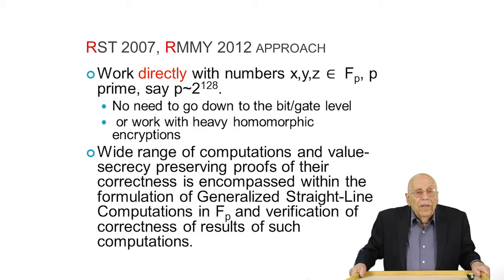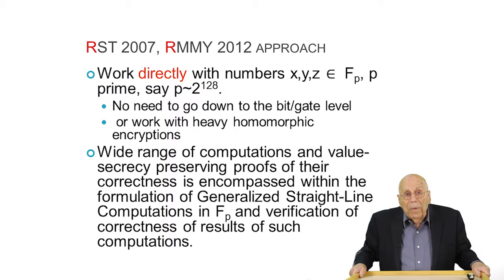In general, the evaluator prover creates a straight-line computation appropriate for the problem or task at hand, then extends it by additional lines to create a total proof of the correctness of the output results, and posts split value commitments to all values in question except for the output values, and posts those on, let's say, a public bulletin board.